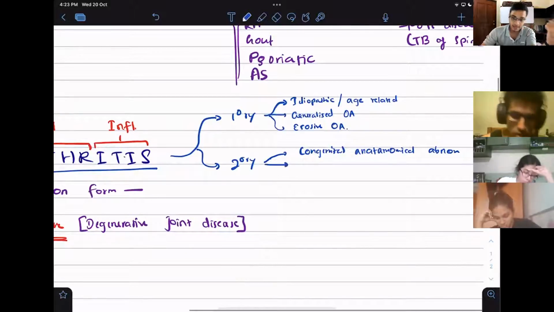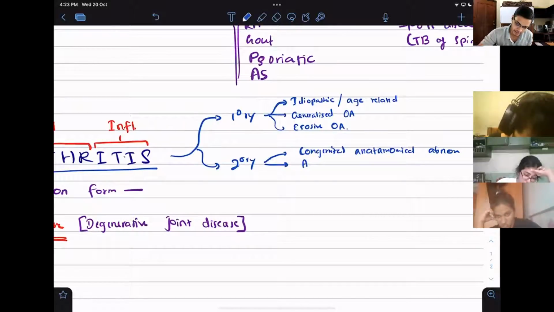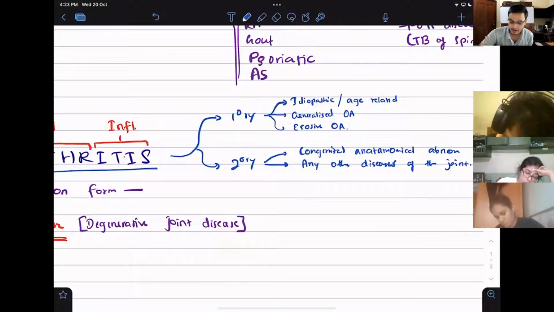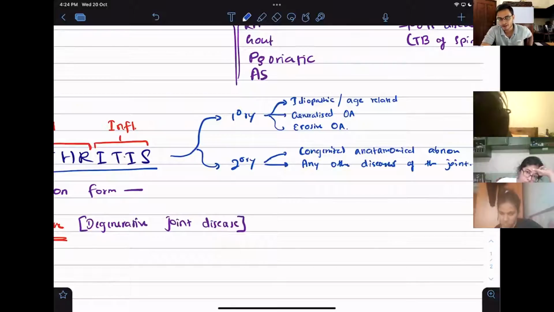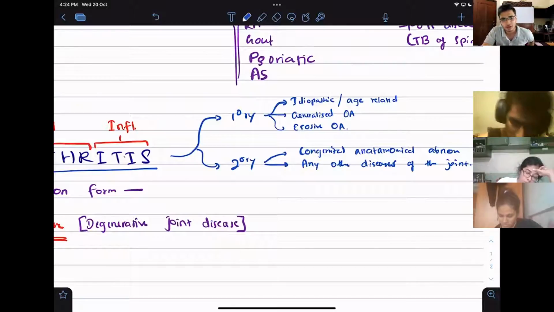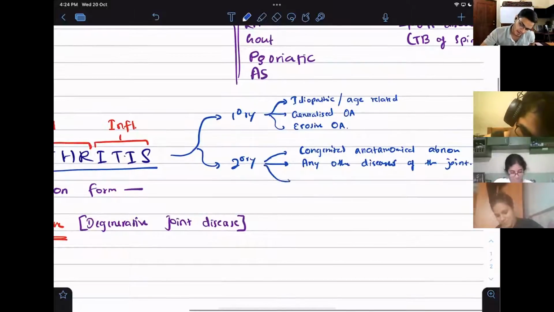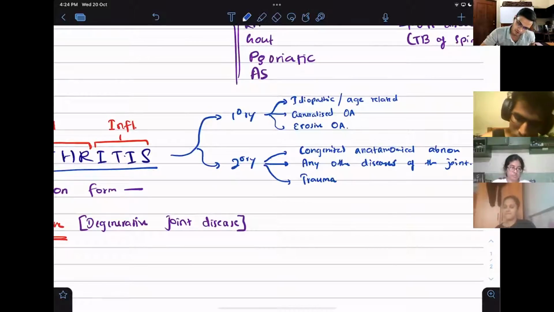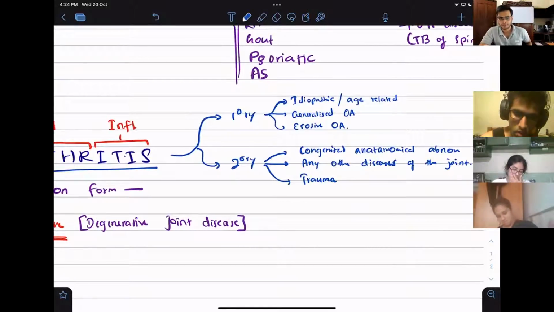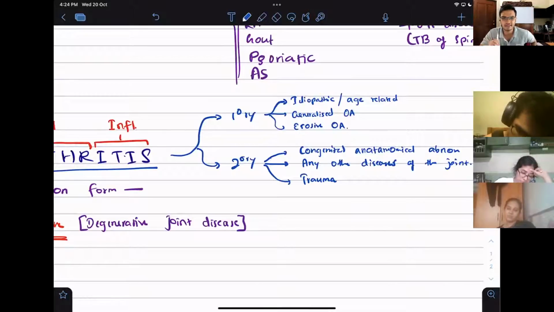There can be any other disease of the joint, for example all the other chapters that we are going to discuss in this module. They can increase the risk of secondary osteoarthritis: rheumatoid arthritis, gout, or any endocrine pathologies, diabetes mellitus, all of these things. And then trauma or injury. These give rise to secondary osteoarthritis. This is the general classification I want you all to know.